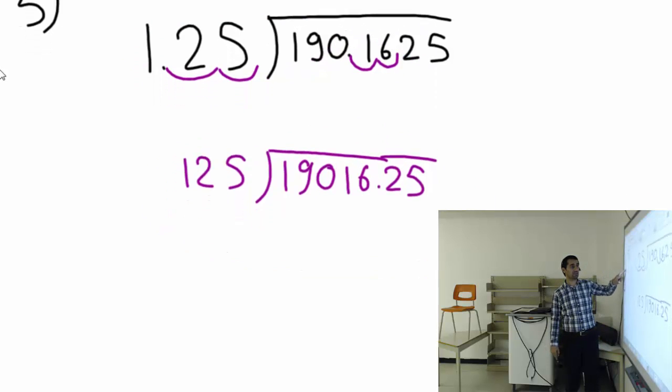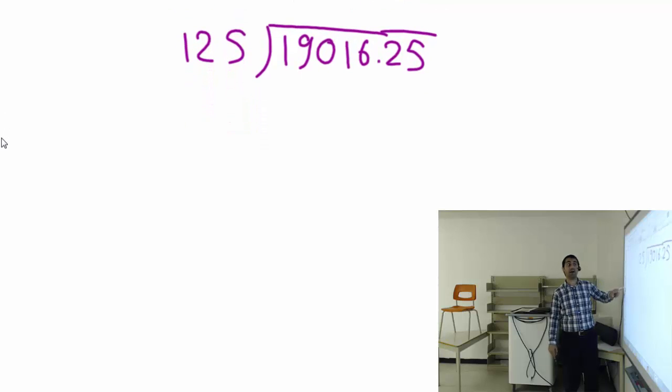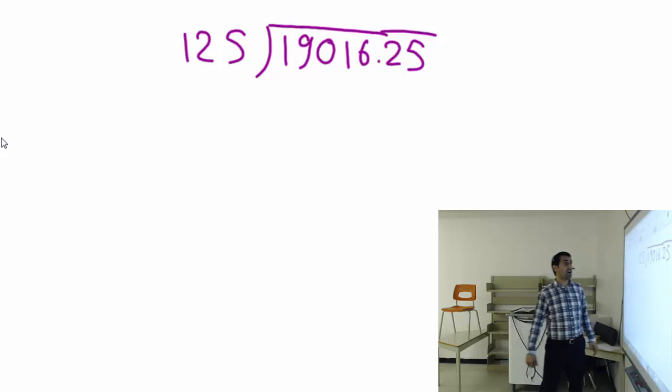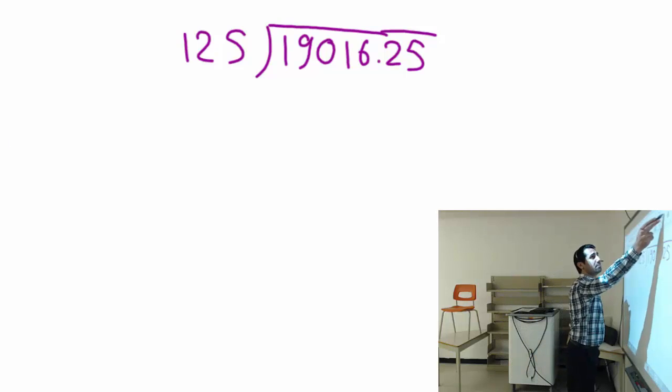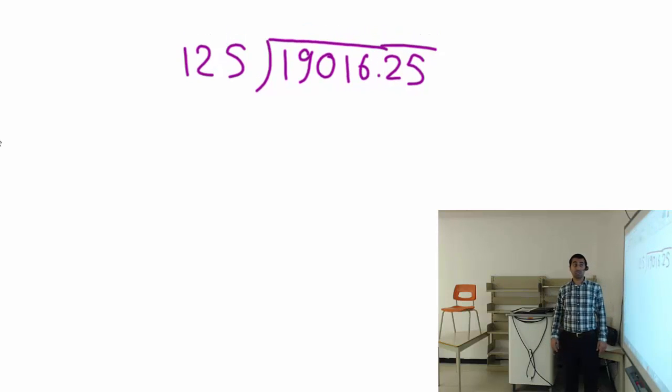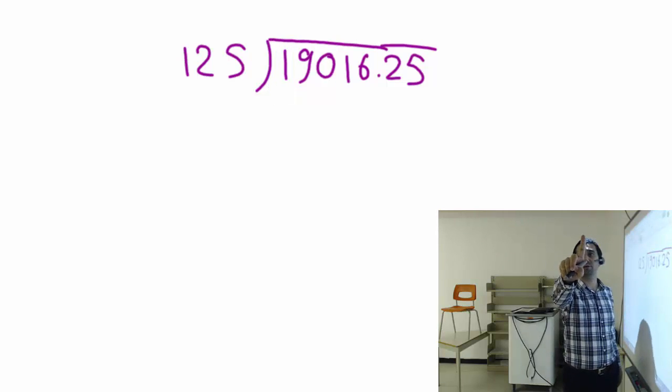Okay, let's do that. Now I have to know the multiplication table for which number? 125. So at least that's an easy number to deal with. So let's divide every single one of the numbers here. In 1, how many 125s am I looking at?